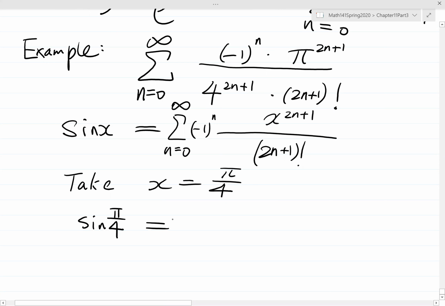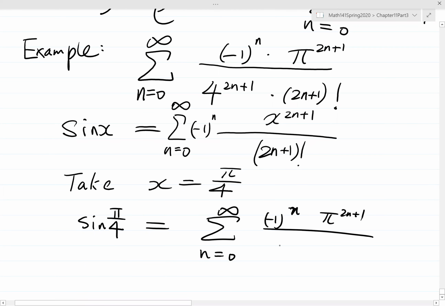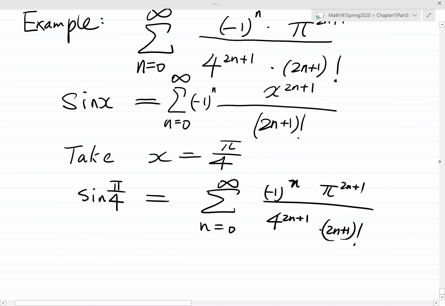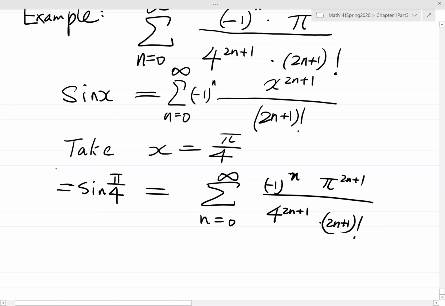Now this is convergent for all x. You don't need to worry about the convergence for this problem, for sine and cosine. Now the special value, pi over 4, sine value is √2 over 2.